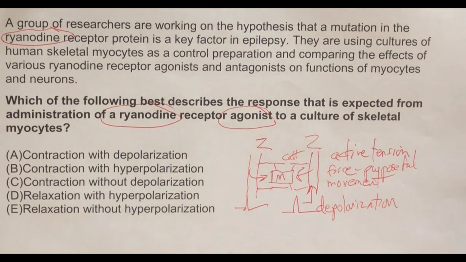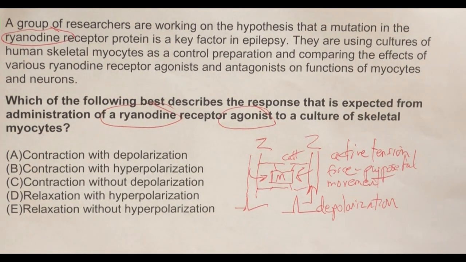Because calcium is released from the ryanodine receptor. It's a calcium channel, and so something that stimulates the ryanodine receptor calcium channel would be an agonist and would mimic then the effect of calcium coming into the sarcomere and causing the cross-bridge cycling for active tension and purposeful movement.